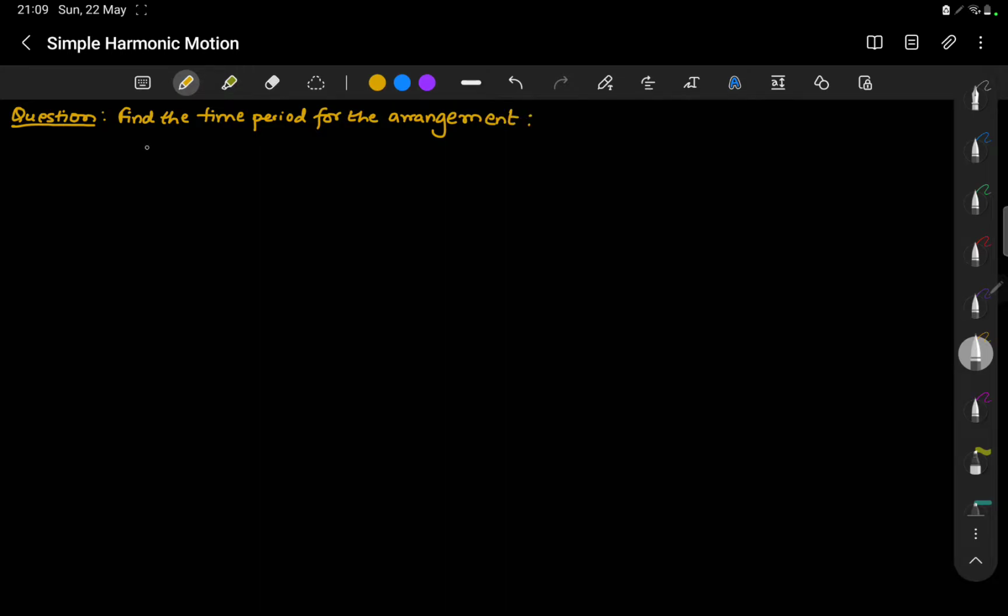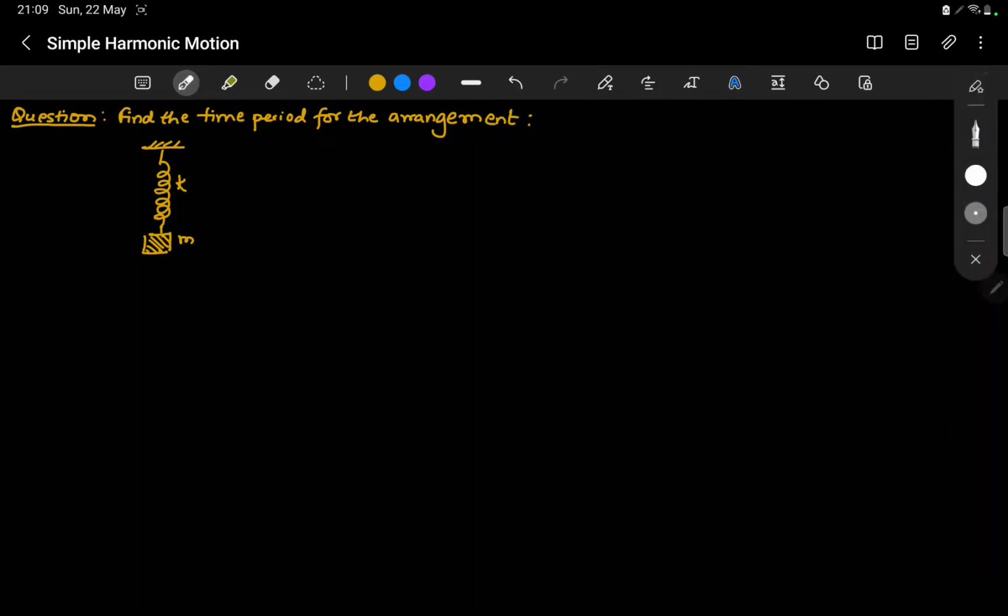So in this, we have a spring mass system suspended vertically, spring constant K, and mass of the block is M. So we need to find out the time period in such a situation. Let us start solving this question.